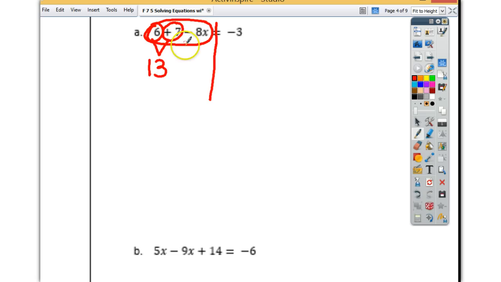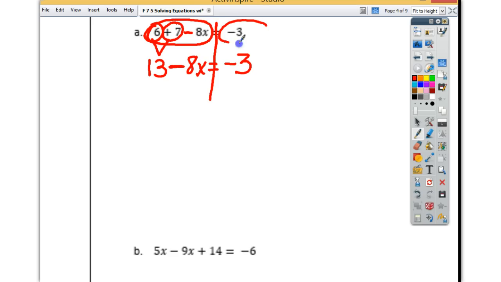So I get 13 plus 8x equals a negative 3, right? Wrong. Where's my mistake? This is not supposed to be a plus. I'm doing this for a reason because this was a big mistake that everybody was making last week. This is a minus 8x with that term, so you have to bring down a minus sign. Don't leave behind any signs.